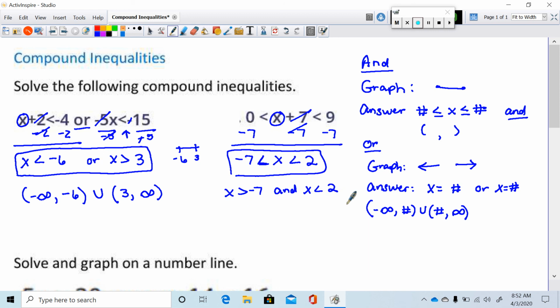So that's another way to write it. And then the final way to write it is just with putting them together. So negative 7, and I'm using parentheses because this inequality is not underlined. And then the 2, the inequality is not underlined, so I'm also going to use parentheses. So those are 3 different ways to write the answer for that solution.